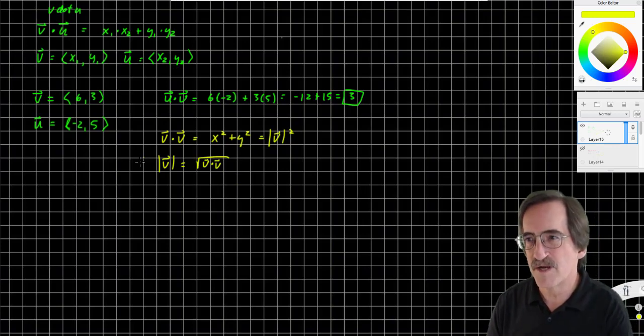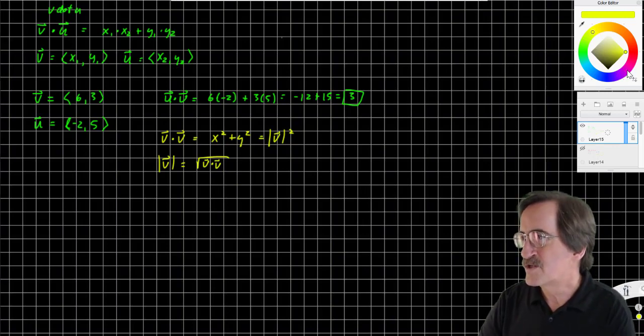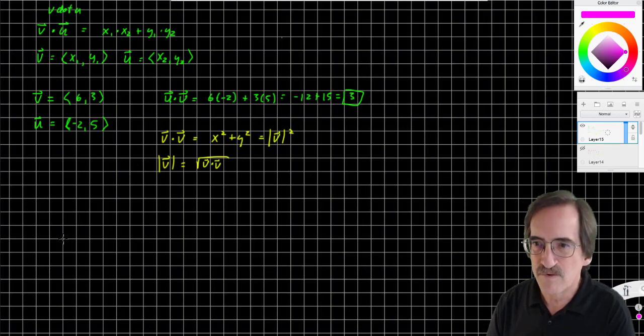Another one that comes out is this. Imagine you've got two vectors, and remember what you know about perpendiculars and slopes. Let's say we've got a vector right here. This vector is 2, 3.